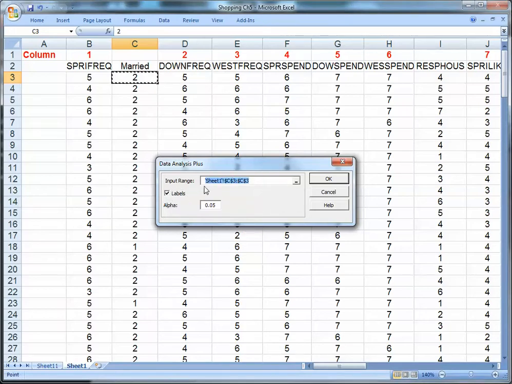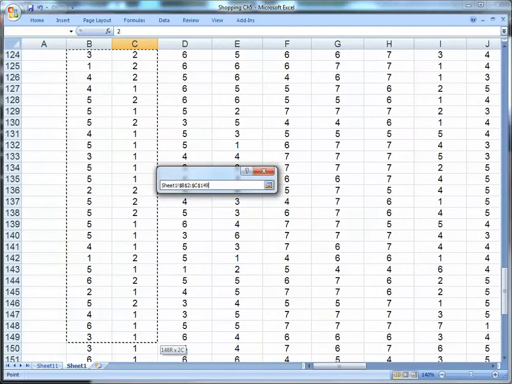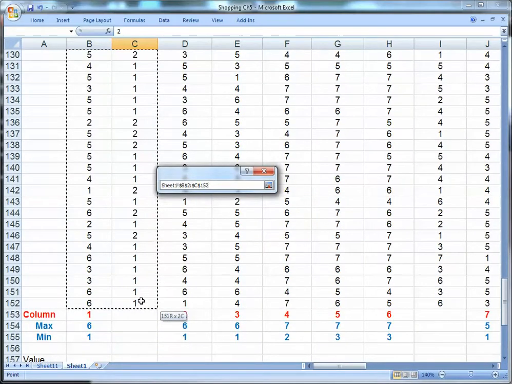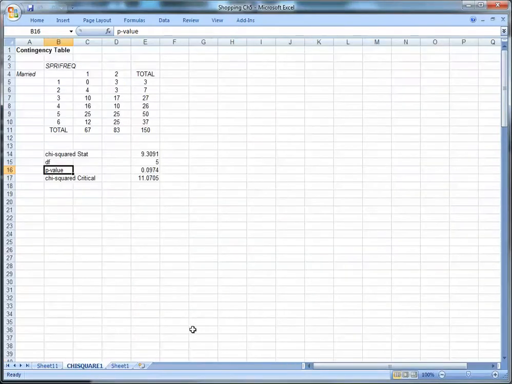I'm going to get rid of what's in there, and I'm going to highlight those 2 columns. I'm going to leave the alpha at 05. What's that alpha all about? Well, that's a discussion for another day on a different week. I'm going to say OK.